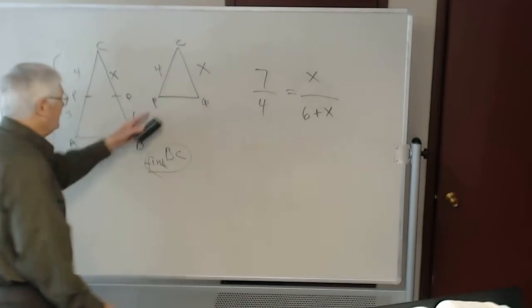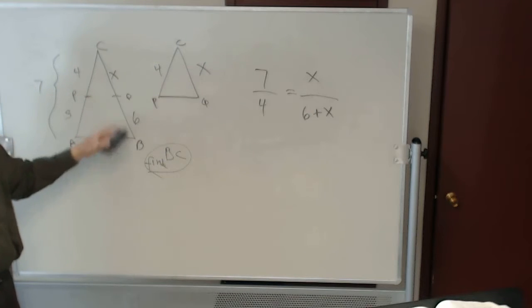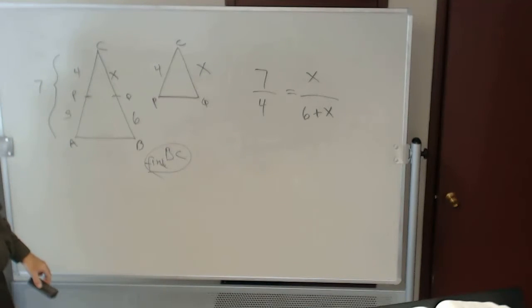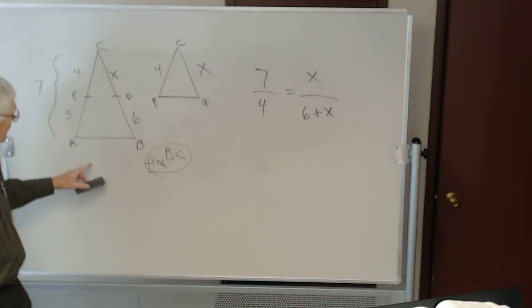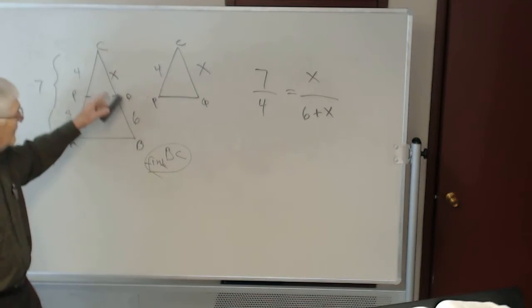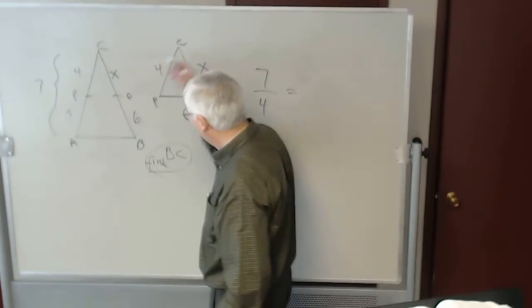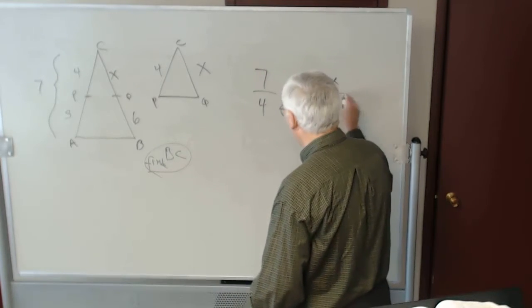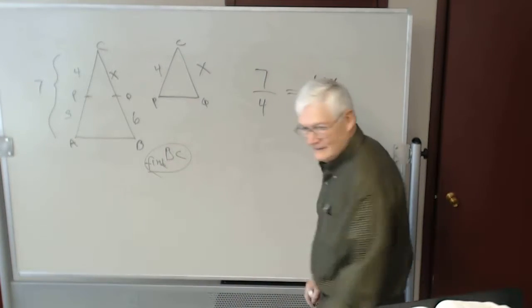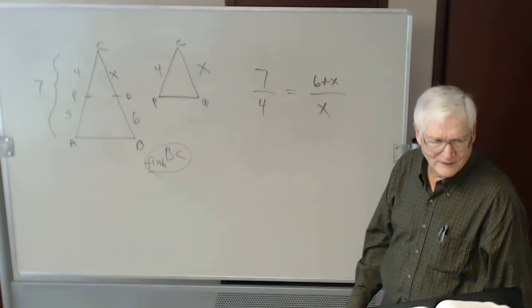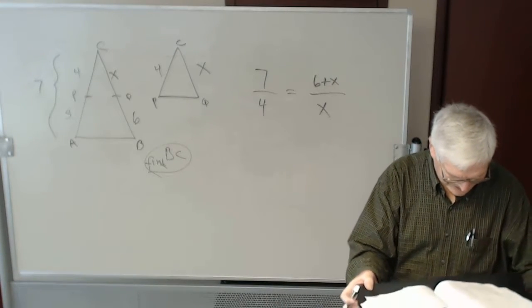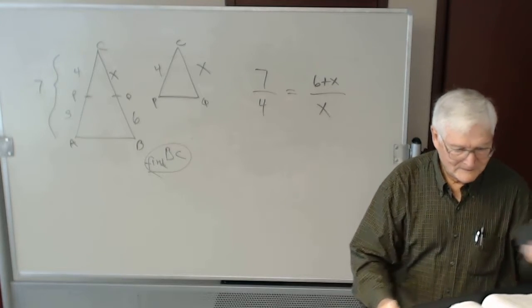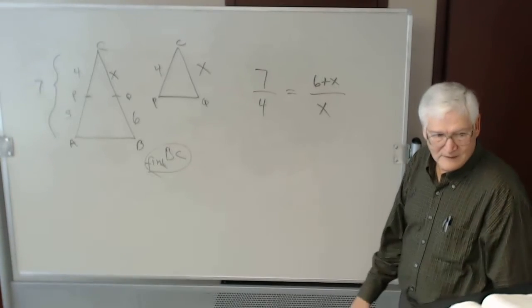But aren't these triangles similar? Oh yeah. I did it wrong, sorry about that. 7 over 4 is 6 plus x over x, right? No wonder you were looking funny at me. Made a mistake. Should be 7x equals... Now, do you see where that comes from?